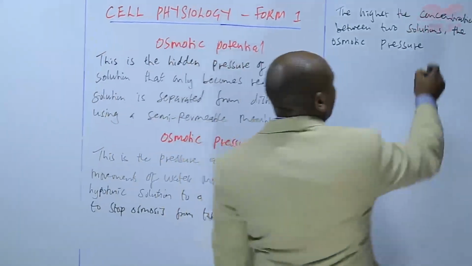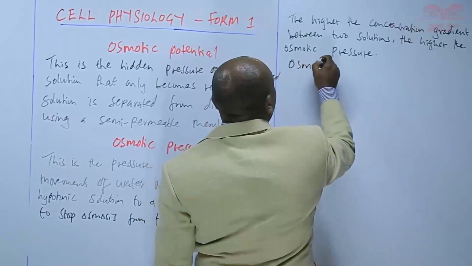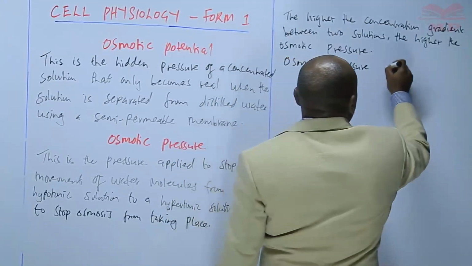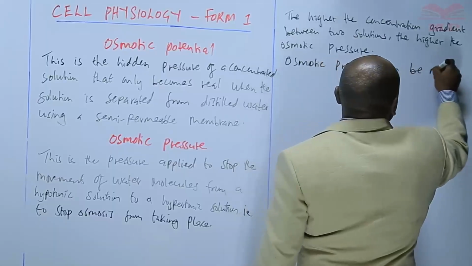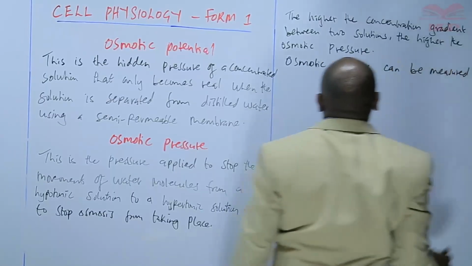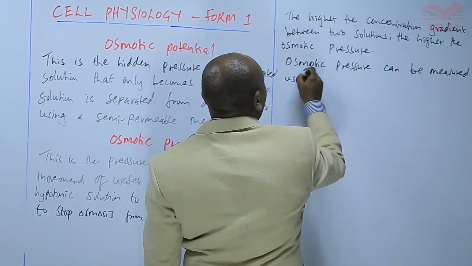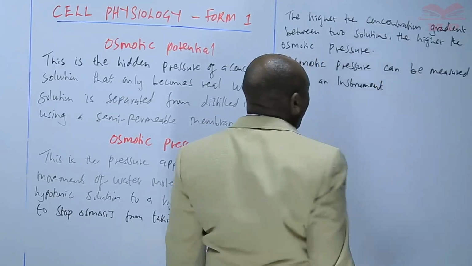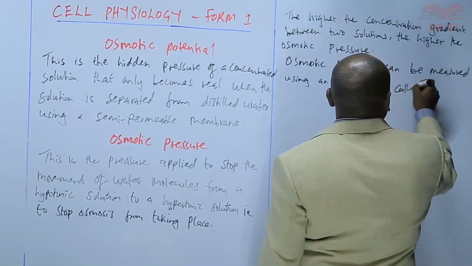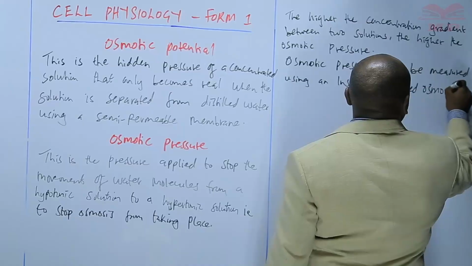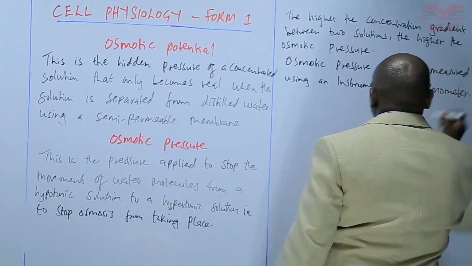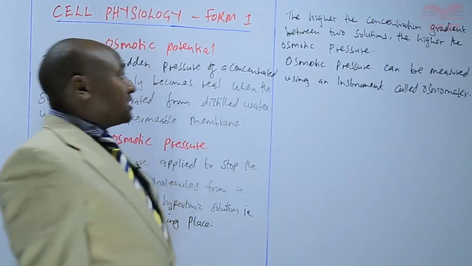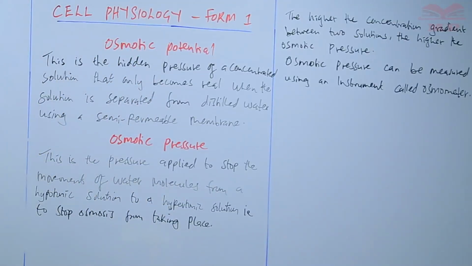Then we can also say that osmotic pressure can be measured using an instrument called an osmometer. So the osmometer measures the osmotic pressure that is in existence between two solutions.